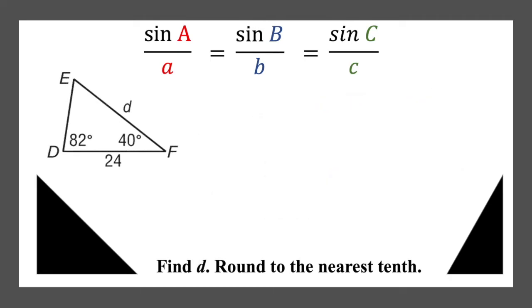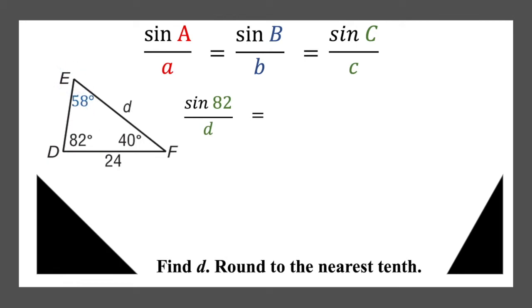Okay, so I'm looking for D. And I know I can take the sine of 82 divided by D, and that'll equal the sine of E divided by 24. But I don't know what E is. But I can figure out E because I know that all the angles of the triangle equal 180.